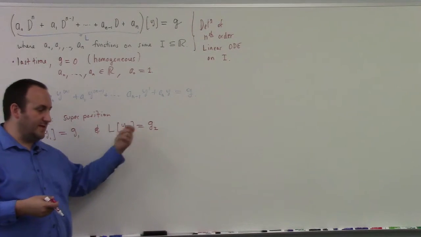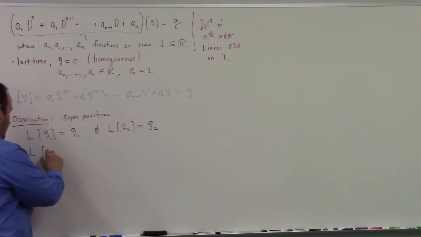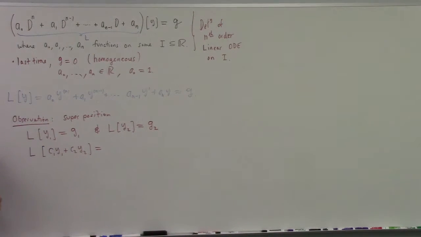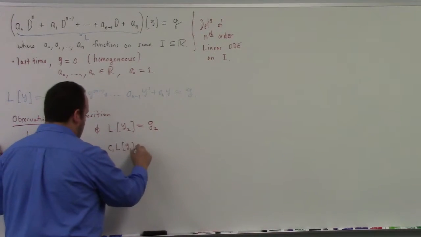The superposition principle says that if you look at a linear combination, like C1y1 plus C2y2, then, because L is a linear operator, you get C1 L of y1 plus C2 L of y2.